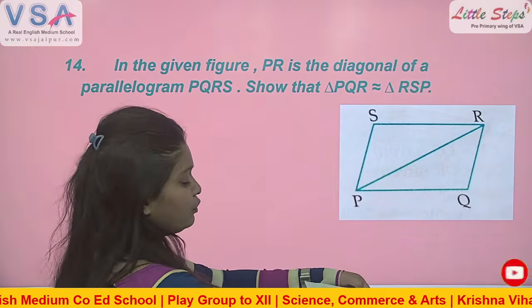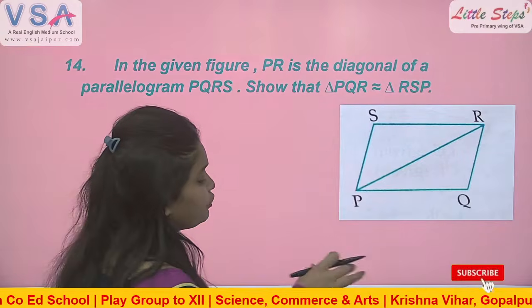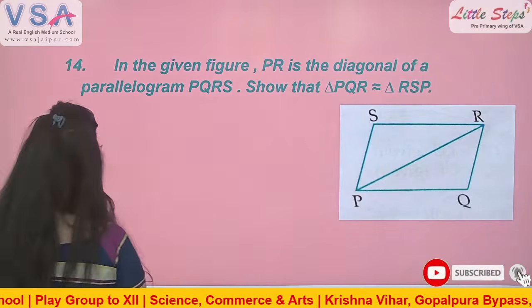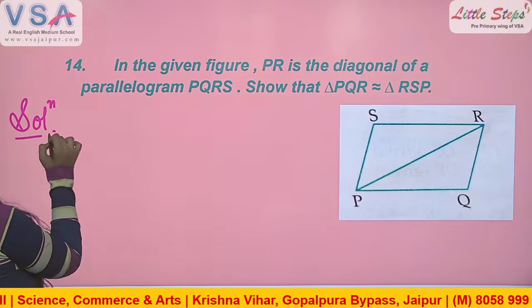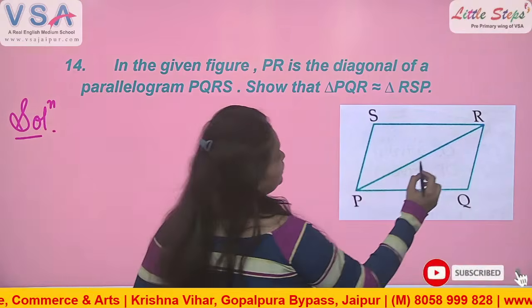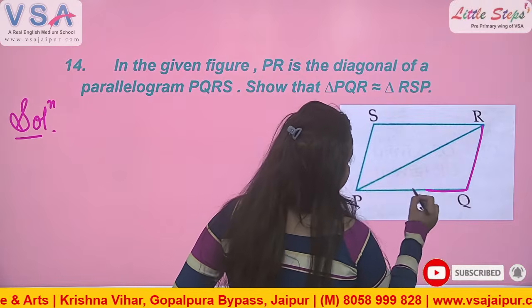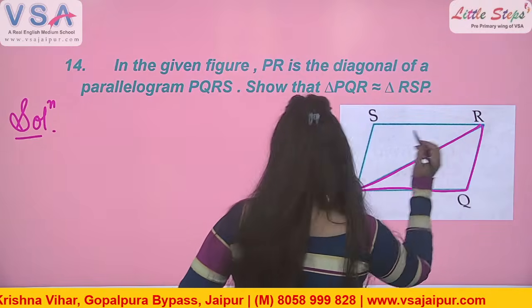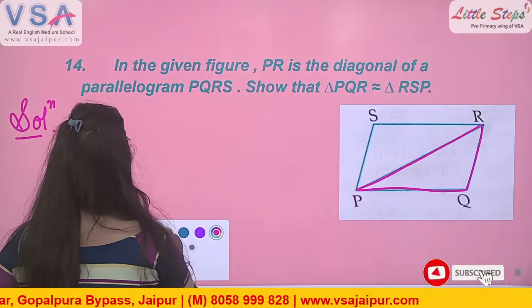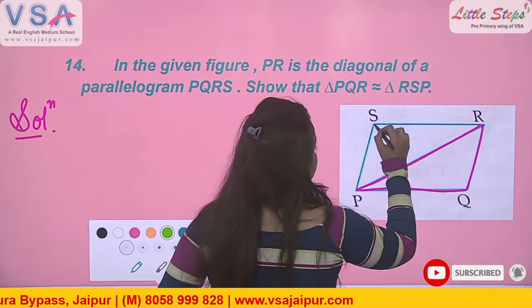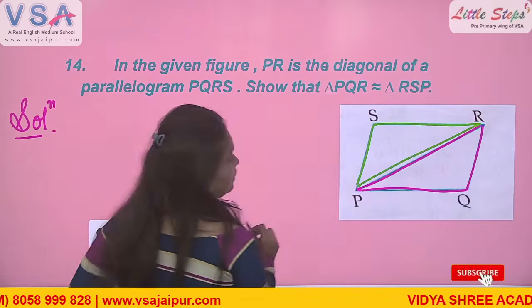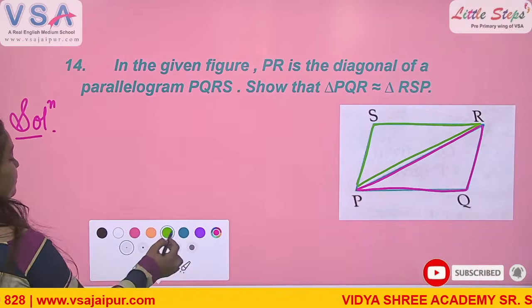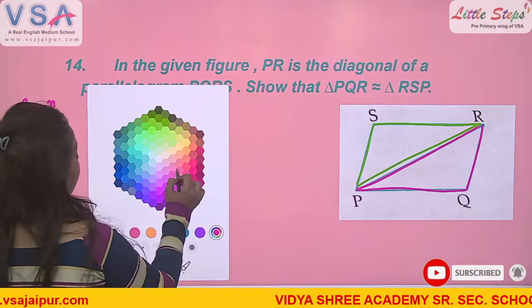So what we have to do in this question, we need to find out whether they are congruent or not. हमें ये triangle congruent prove करना है. Check करिए. This is the triangle PQR. I'm highlighting for you. And this is the triangle PSR. Okay, we need to find whether they are congruent or not.